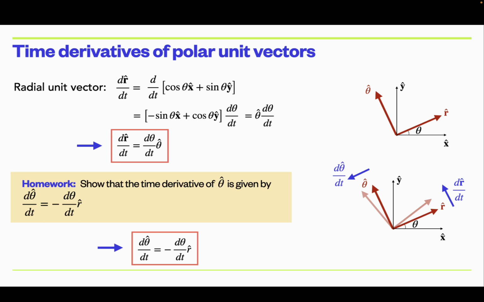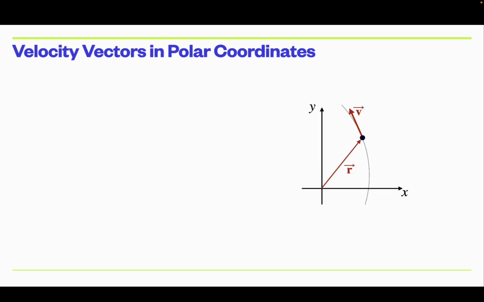Okay, the point of doing all this is to be able to define what a velocity vector is in polar coordinates. So let's have a particle. It's moving along this dashed line. That's its trajectory. The velocity vector is tangent to that trajectory, so it's pointing in this direction, say.